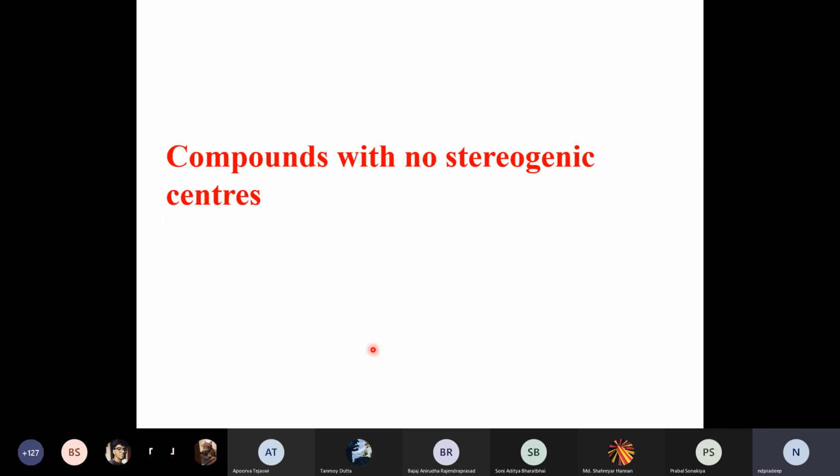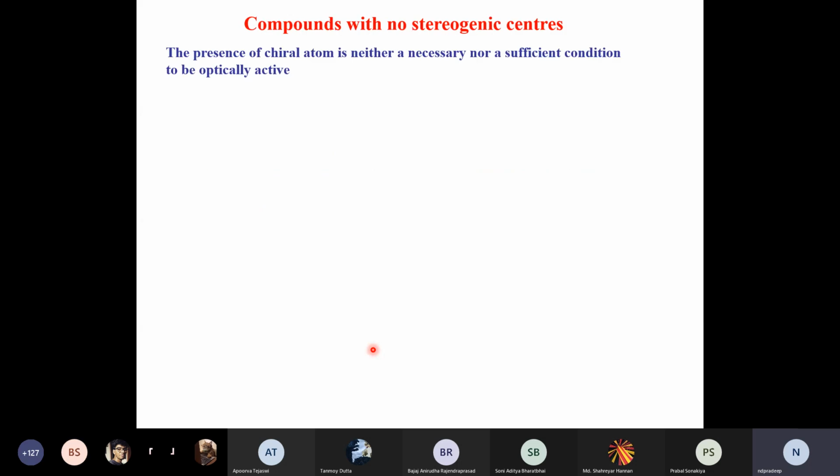In that we will teach you two varieties of compounds: allenes and biphenyls. Definitely you will have questions from allene as well as biphenyl, so give more attention to this. Allenes and biphenyls are what we are going to discuss under non-stereogenic centers. This guy comes very nicely, allenes.